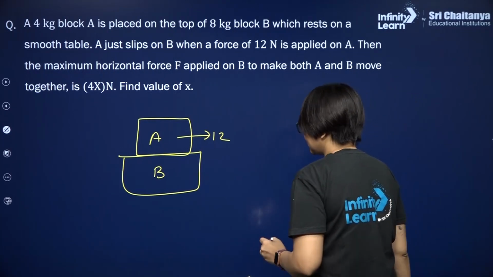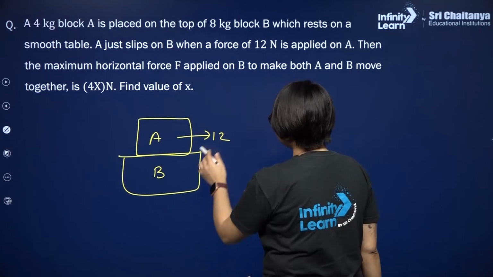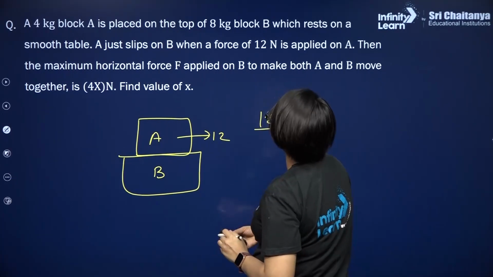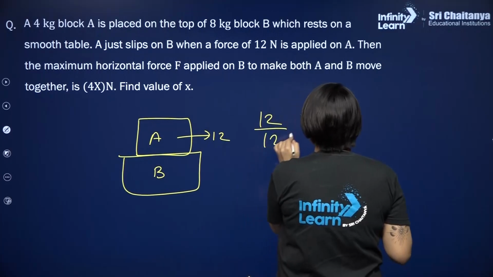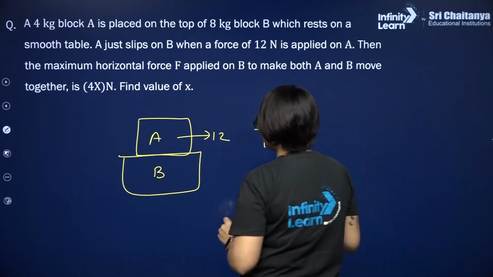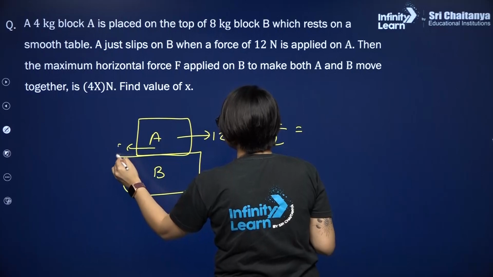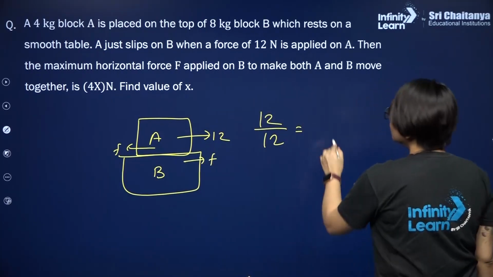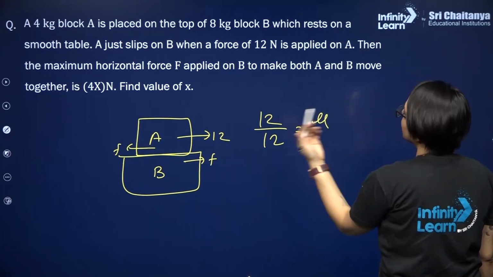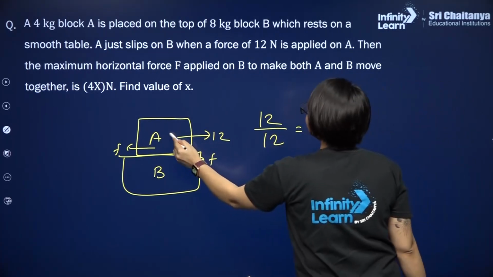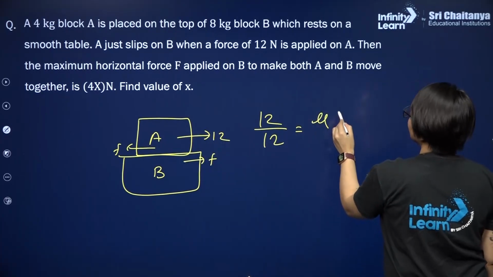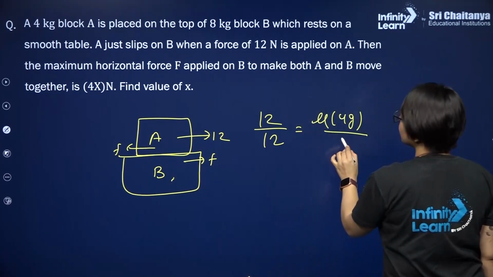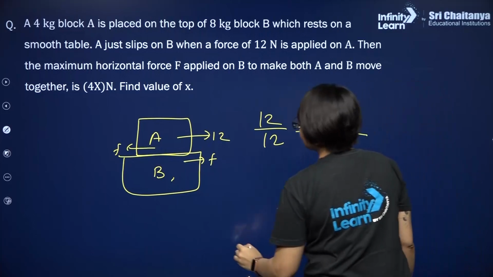In this case, both are moving together, so the net acceleration will be 12 divided by 8 plus 4, and it should be equal to friction, which is mu M g, A is 4g, divided by the mass of B, 8.